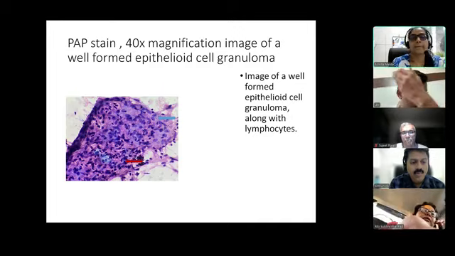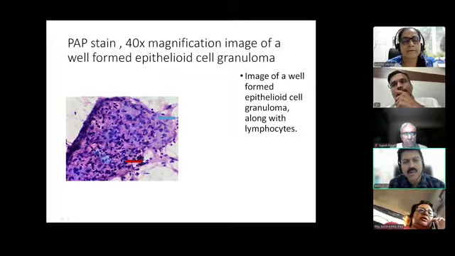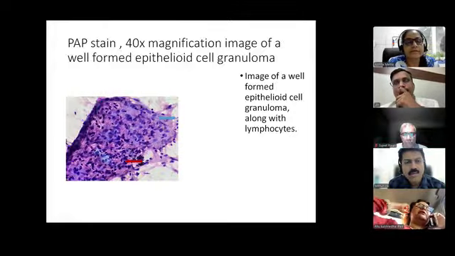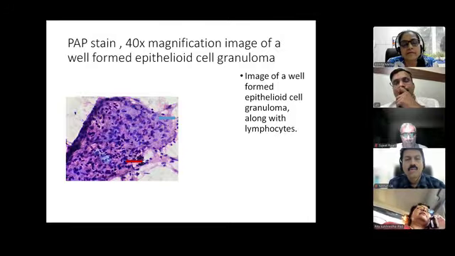Okay. One doubt, ma'am. How can you differentiate between sarcoidosis and TB in biopsy? So we are running some preliminary studies on some 40-50 cases now. We have to correlate all of them together.